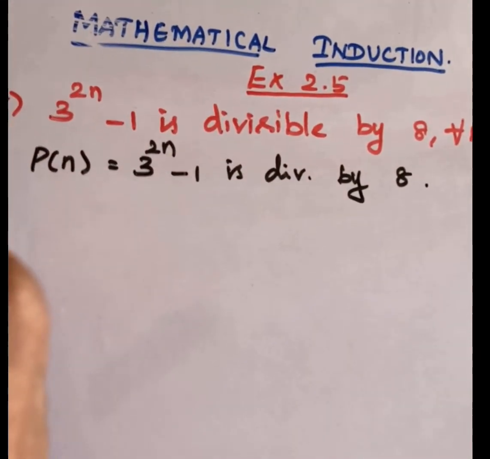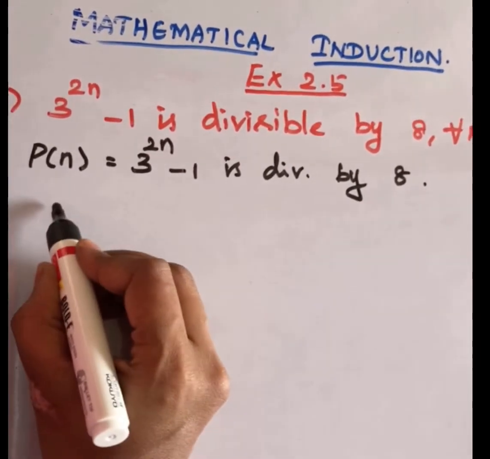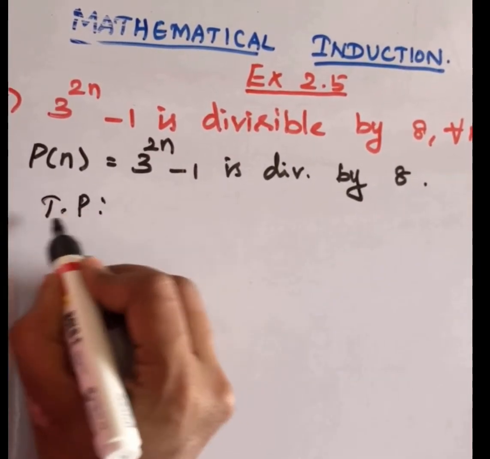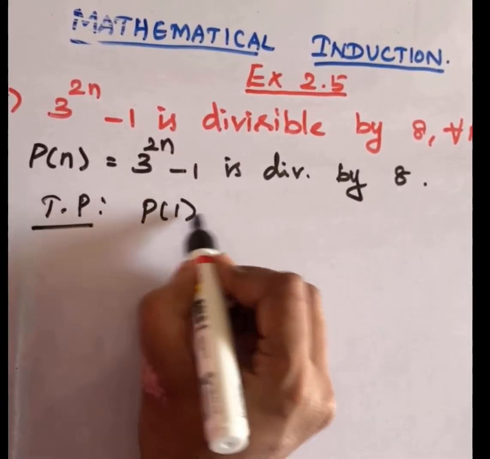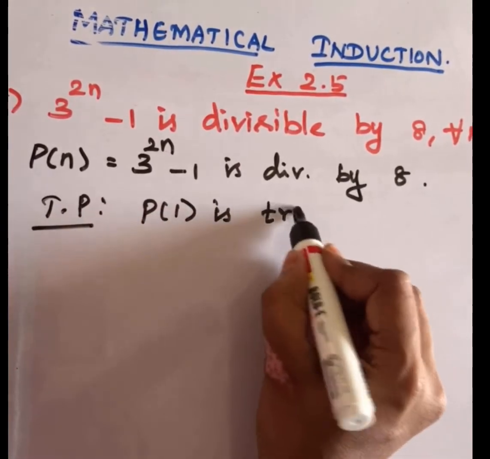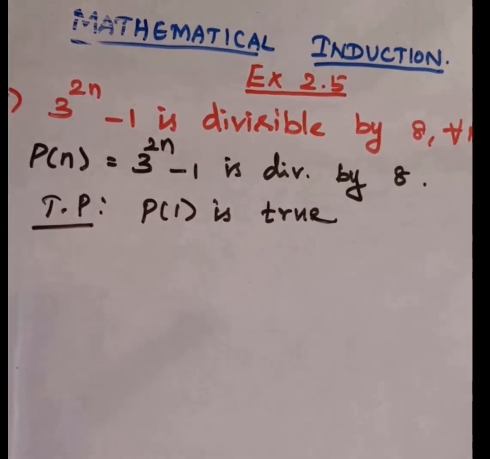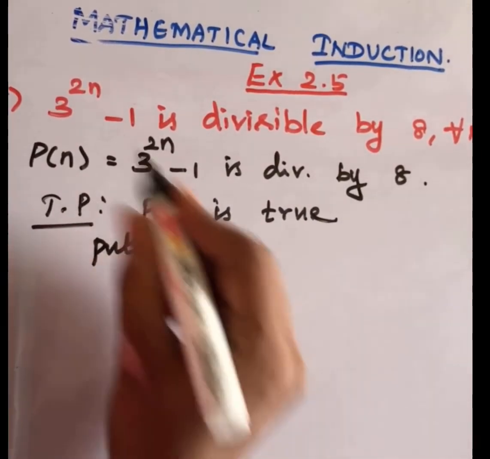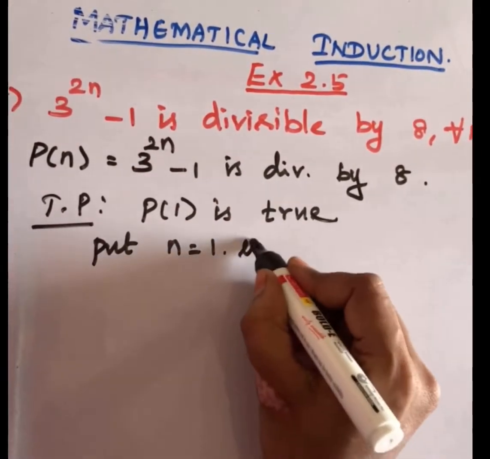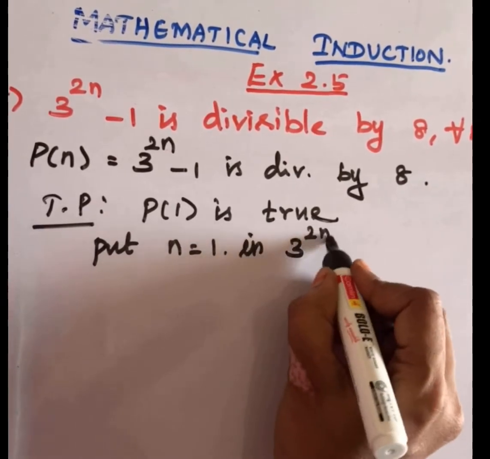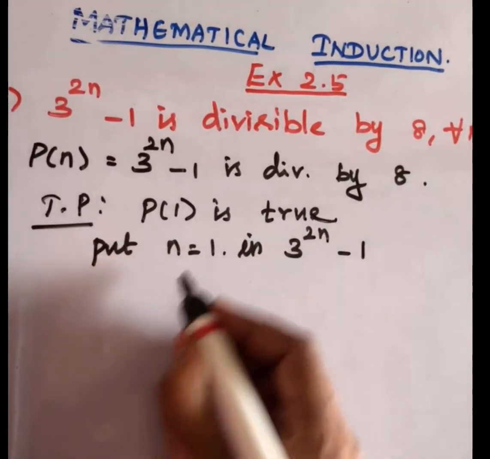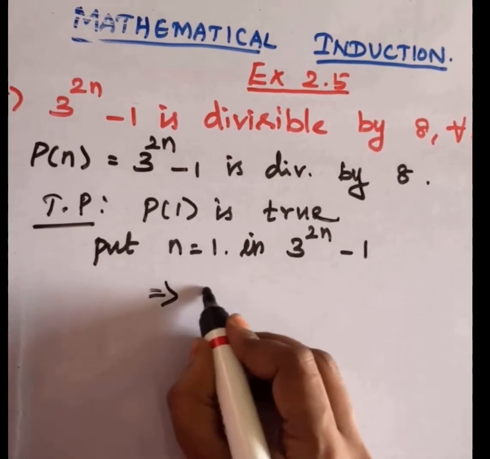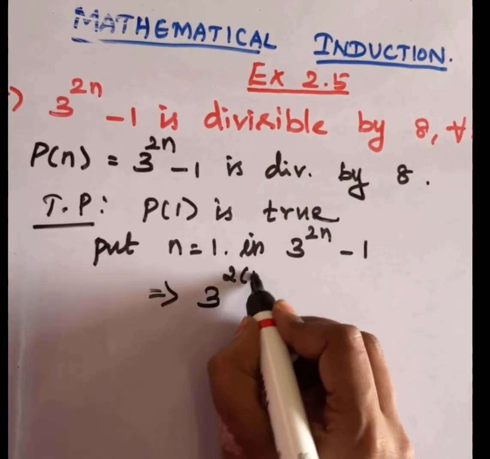Next, what do you have to do? We should prove our P of 1 is true. Okay, so put n is equal to 1. In 3 power 2n minus 1, that implies 3 power 2 into 1 minus 1.